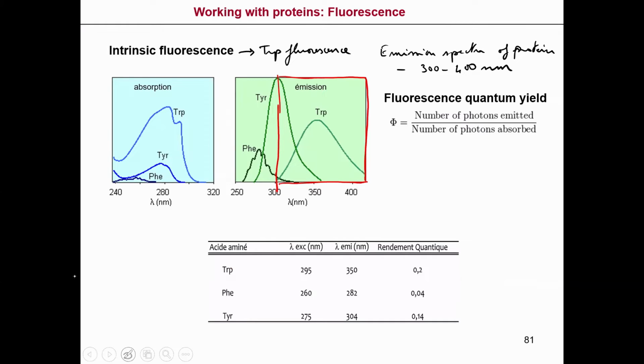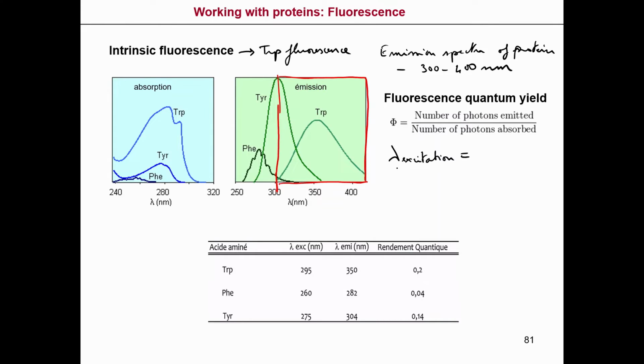And to have this emission spectra of your protein, the excitation wavelength always corresponds to the maximum wavelength in the absorption. We know that the maximum wavelength in the absorption spectra of a protein is 280.